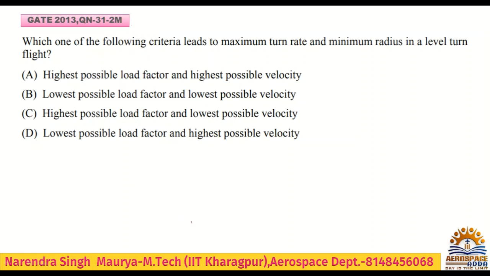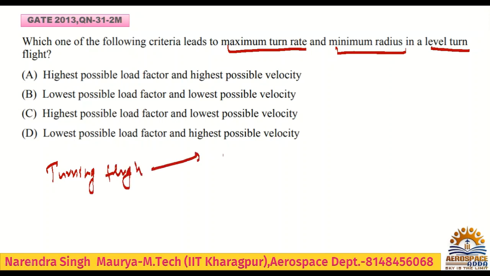This is again GATE 2013 question number 31. It is for 2 marks. Which one of the following criteria leads to maximum turn rate and minimum radius in a level turn? So turn, I told you it is nothing but turning flight. Turning flight is divided in two parts called horizontal turn, this is also called level turn.